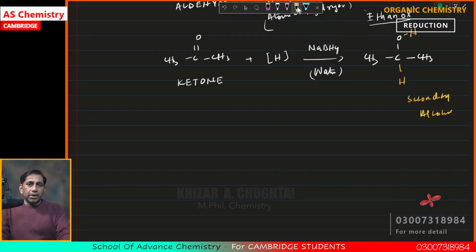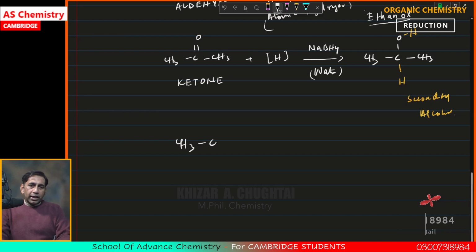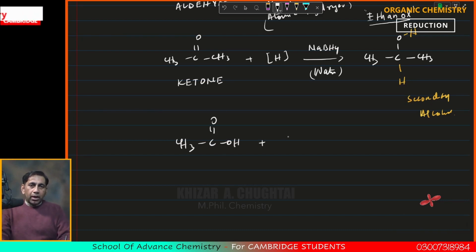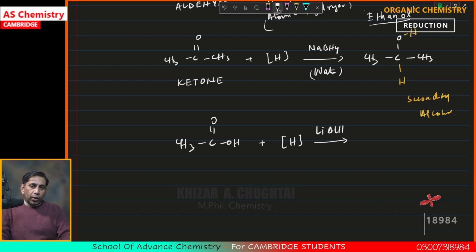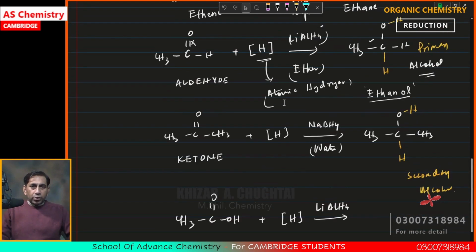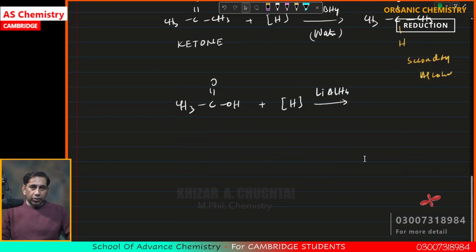Now come towards the carboxylic acid. This is the normal carboxylic acid, a household carboxylic acid that is said to be vinegar. And again, let's suppose I'm using the first group reagent, lithium aluminium hydride. There is only one option that I can use. And then we will balance the chemical equation later on.